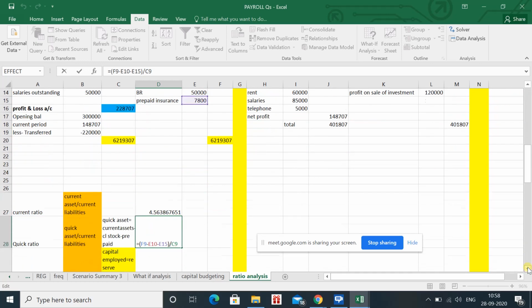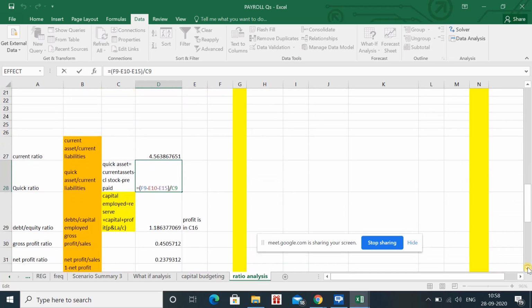Now we are moving to the next formula, that is the debt equity formula. The formula is debt divided by capital employed. So debt means loans, secured loans and unsecured loans both, divided by capital. In this case we have the capital employed, debt divided by the capital employed.